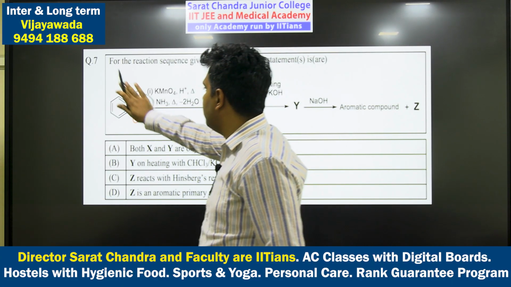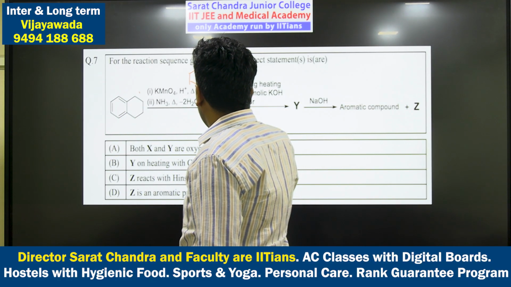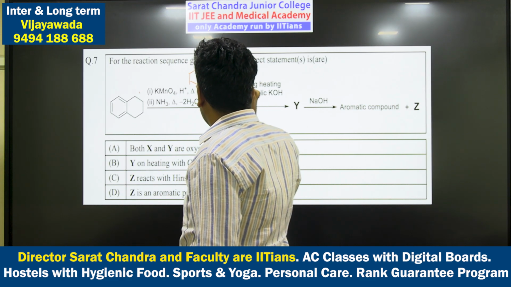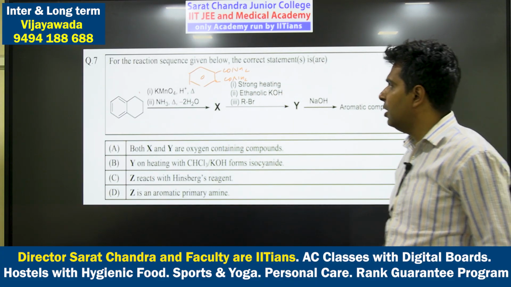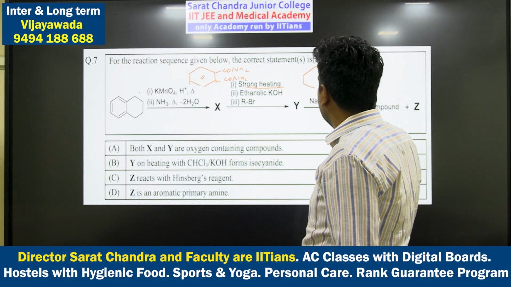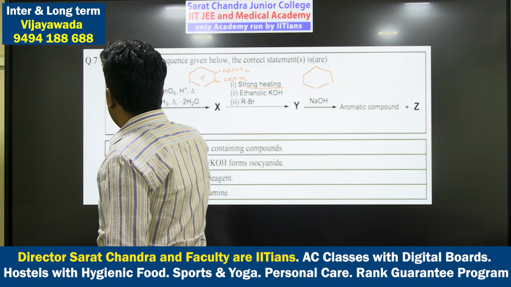So what will be the structure of X? Ammonia, water molecule will come out of the carboxylic acid and amide will be formed, and on strong heating. Basically, first of all, we are getting phthalic acid in this case.